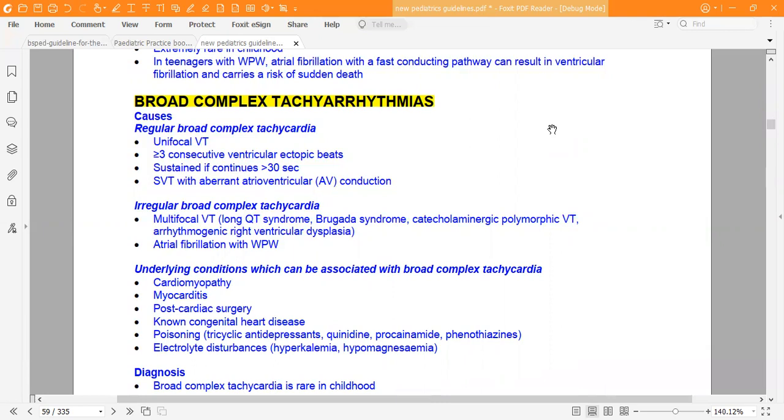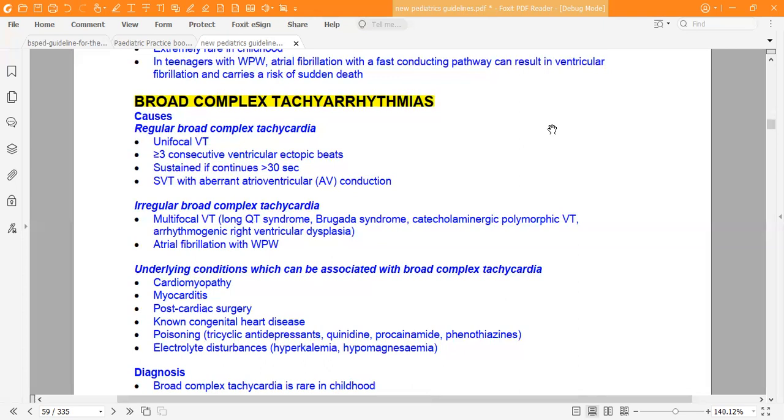Irregular broad complex tachycardia: multifocal ventricular tachycardia, long QT syndrome, Brugada syndrome, catecholaminergic polymorphic ventricular tachycardia, which is stimulated by a high concentration of catecholamines in the circulation, like neuroblastoma, for example. Arrhythmogenic right ventricular dysplasia.